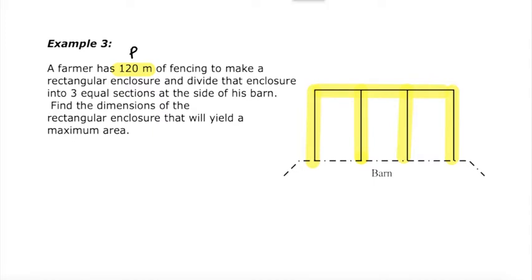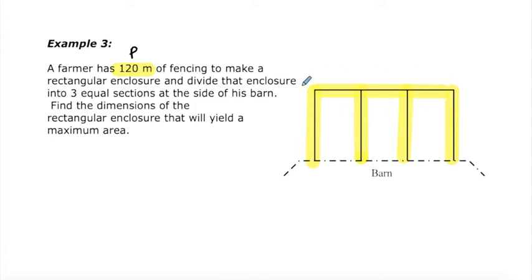And I also know that I want to maximize the area of this entire large rectangle, and by doing that, I essentially will maximize the area of the smaller pieces as well. So we know the perimeter of a rectangle deals with length and width, okay?